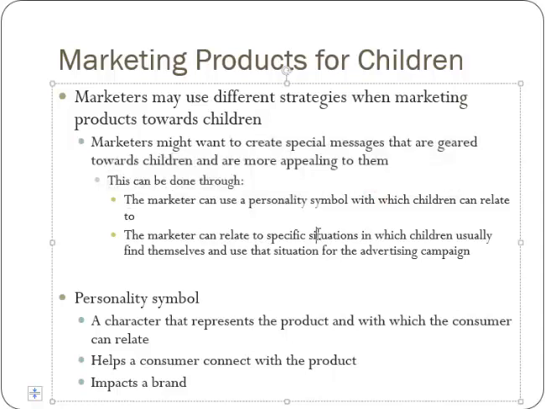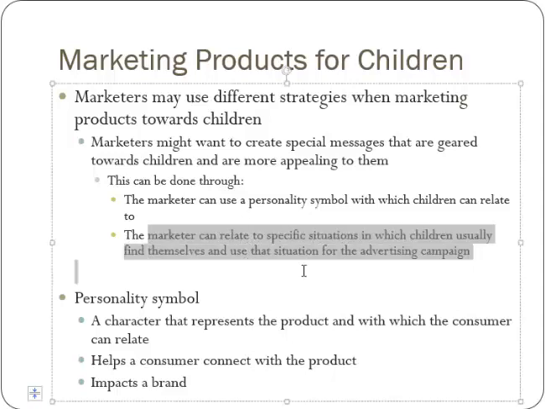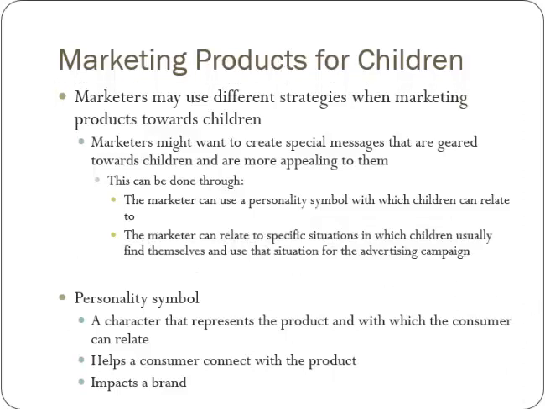They can use a personality symbol to which children can relate. Maybe an athlete, maybe a cartoon character, maybe a superhero, something like that. And the marketer can relate to specific situations in which children usually find themselves.